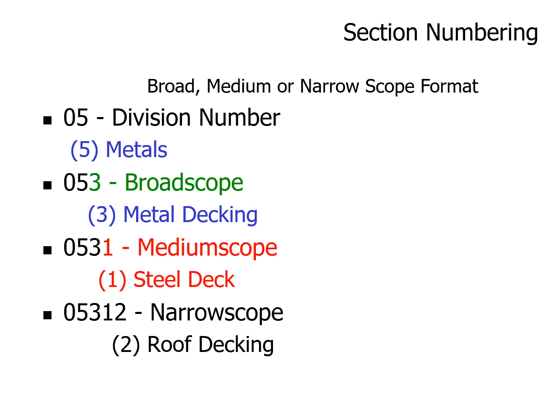Okay. Break it down even farther. Metal, broad scope, medium scope, narrow scope, roof deck. So it's just breaking them all down for you, which I'm sure y'all know that, and like, thank goodness.